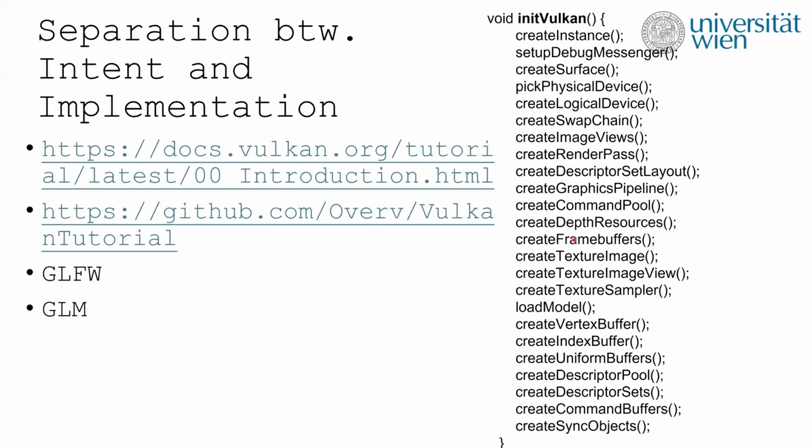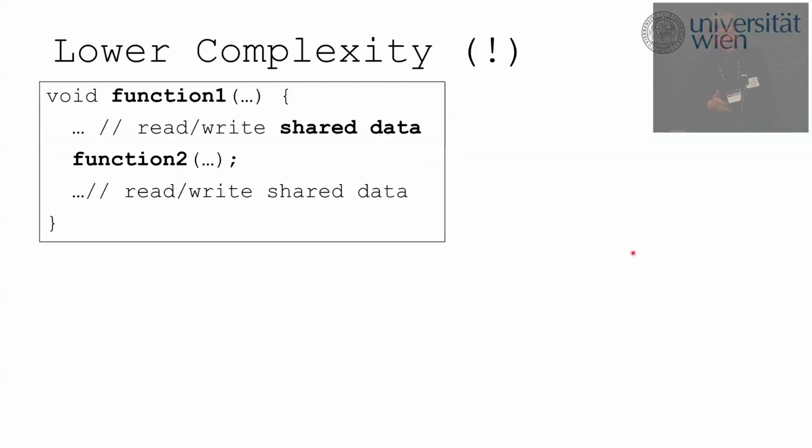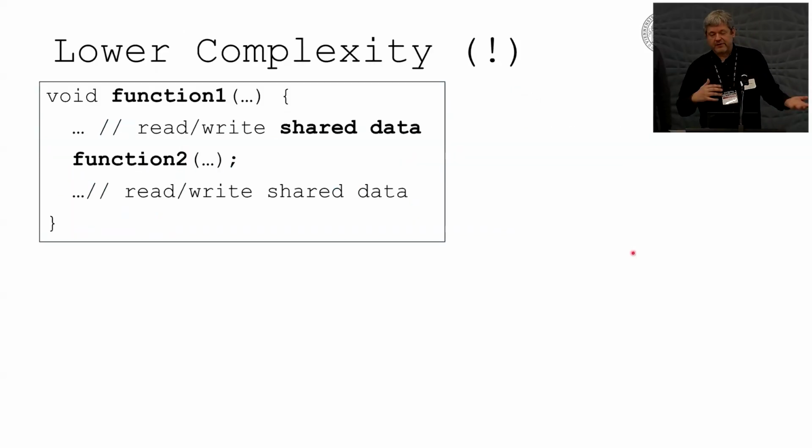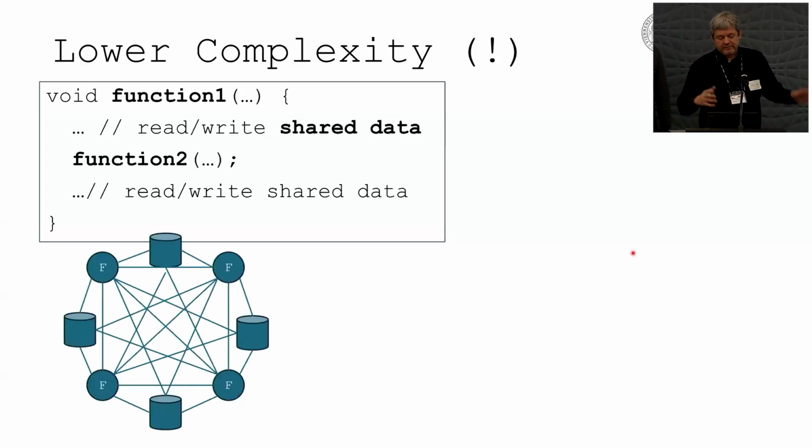And what that enables you is you can directly use this and put it into your own game engine and connect it to your own game state. So also what you don't see is functions calling other functions working on the global state. So you get something like this.